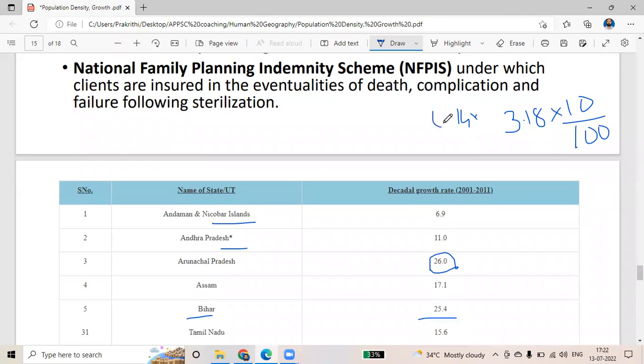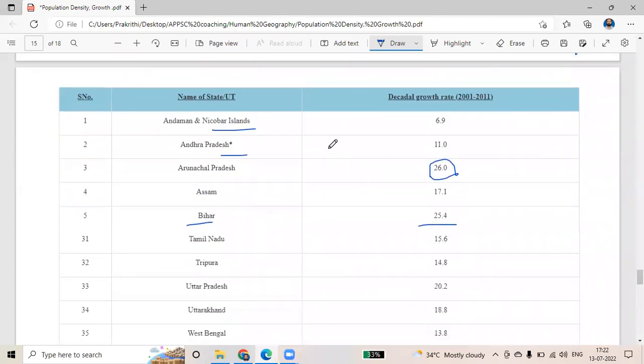So 14 lakh means 0.14 into 26. So the population will not be that much, but the growth rate will be higher for the state having less population.